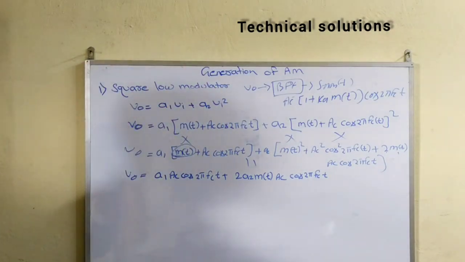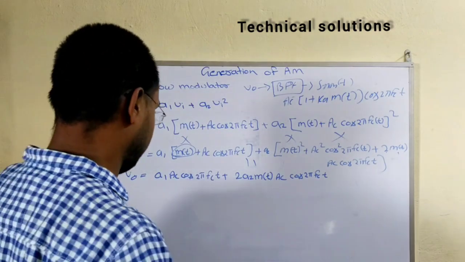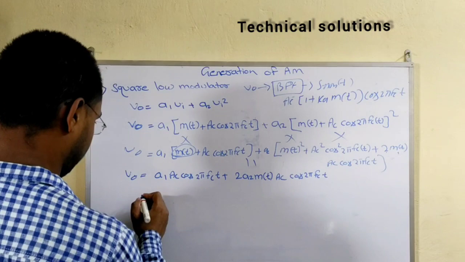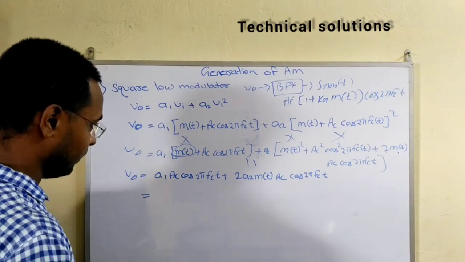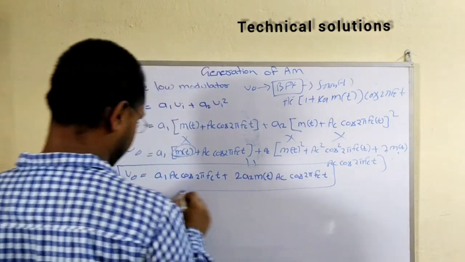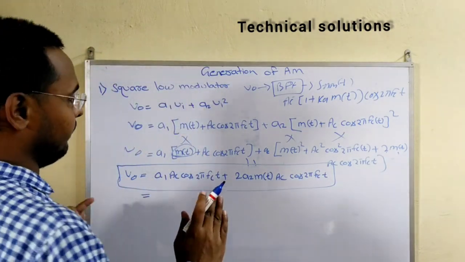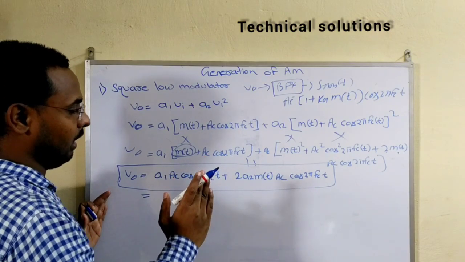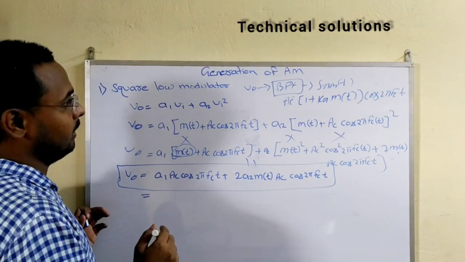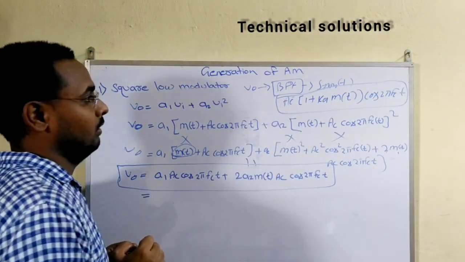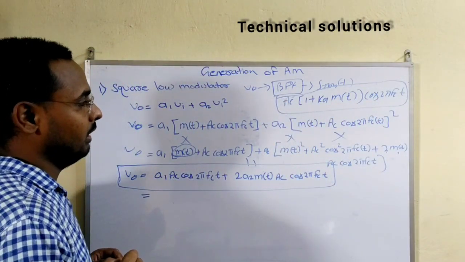The remaining terms will be automatically rejected by the band pass filter. Fine. This is the general expression of our amplitude modulation, but we learned this as our general expression.